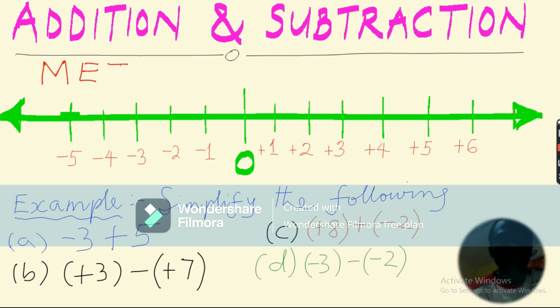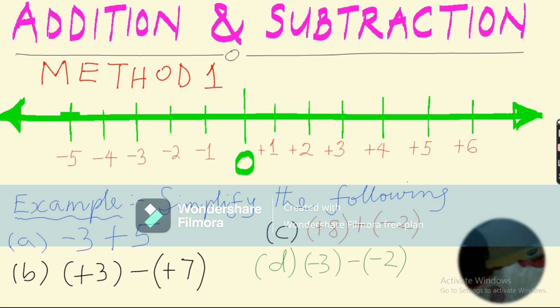The method of using the number line is what I call method 1. Consider the examples that we have below. Simplify the following. A, negative 3 plus 5. B, positive 3 minus, open bracket, positive 7.